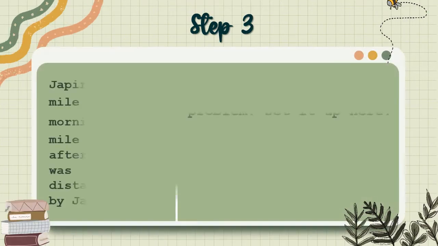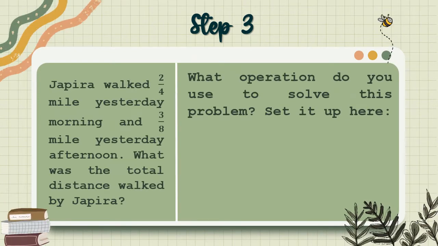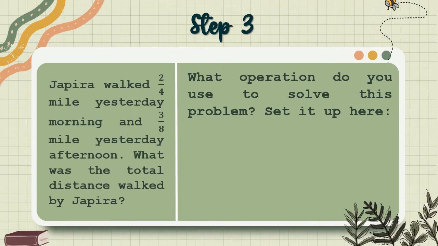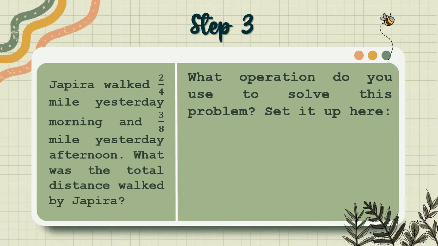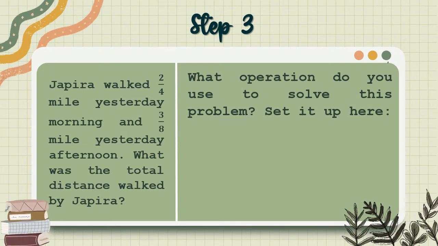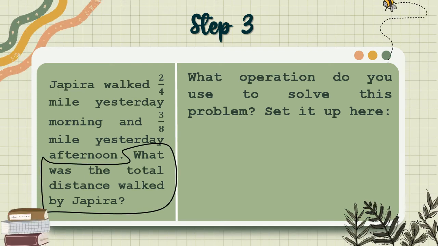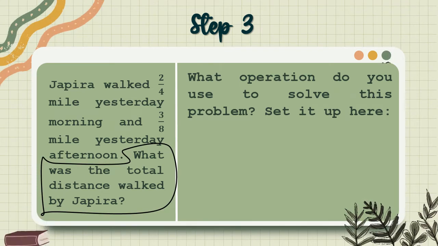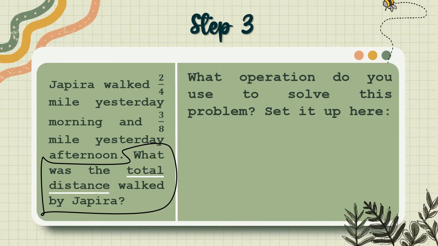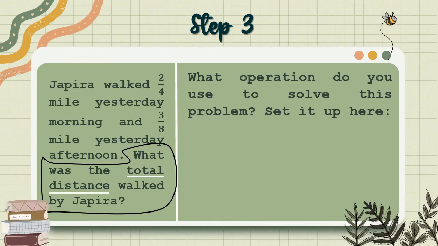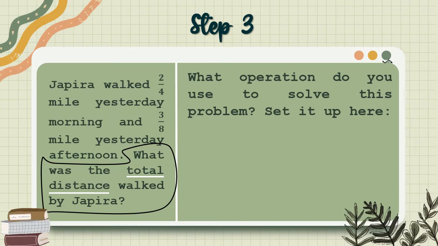Next, step 3. What operation do you use to solve this problem? In step 3, we decide what operation we are using, and we can look at the question again. The question asks for the total distance, so total distance means we are adding.